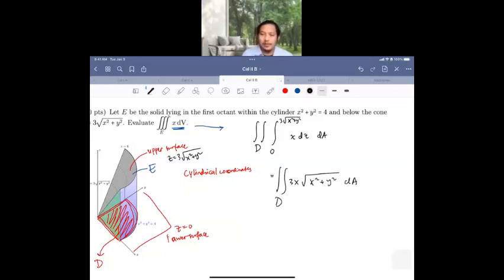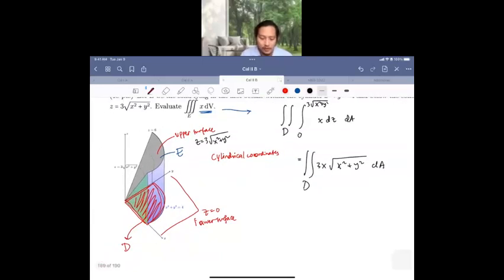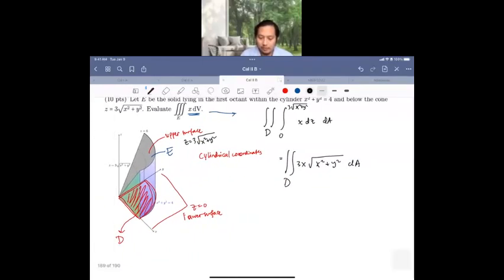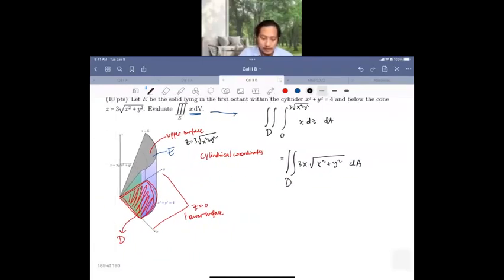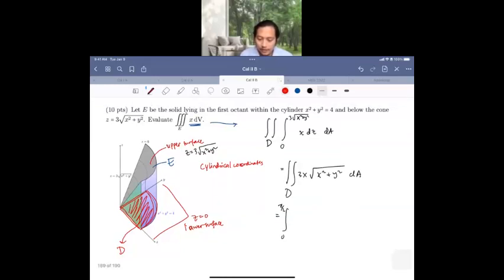Now, of course, the second process for this solid is the polar one, which means that we are going to convert to polar. We have theta from 0 to pi over 2 because it's only a quarter. For the radius, looking at this cylinder, we have x squared plus y squared equals 4, so the radius is 2, from 0 to 2.